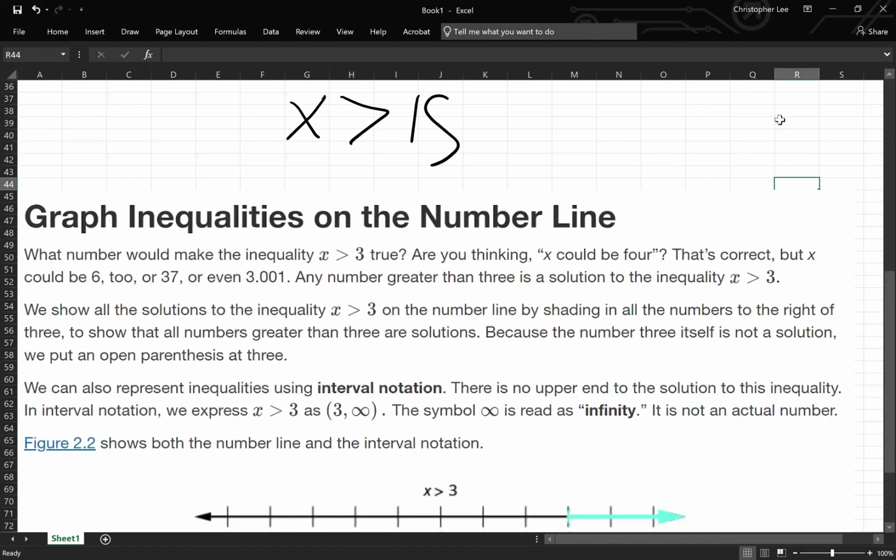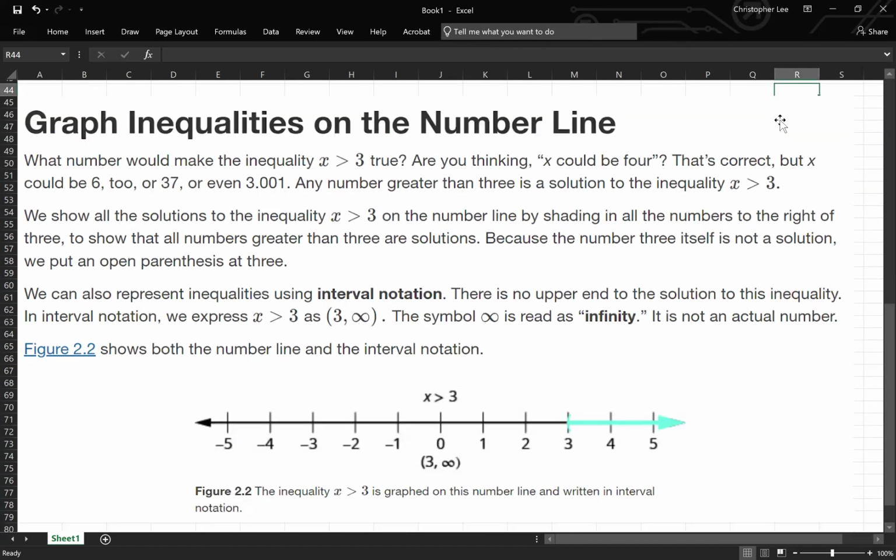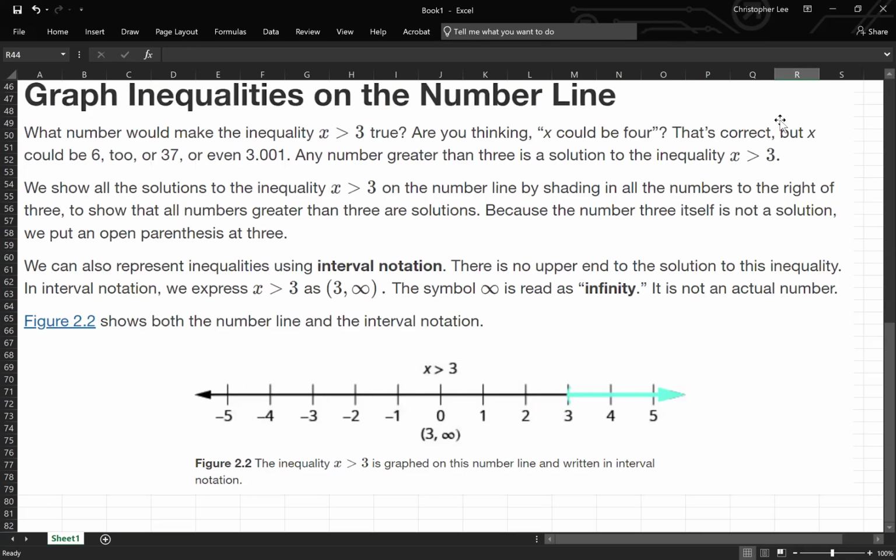So let's talk about graphing inequalities on a number line, because that's what we're going to get into today. What number would make the inequality x greater than 3 true? Are you thinking x could be 4? That's correct. But x could be 6, 2, or 37, or even 3.001. Any number greater than 3 is a solution to the inequality x greater than 3.